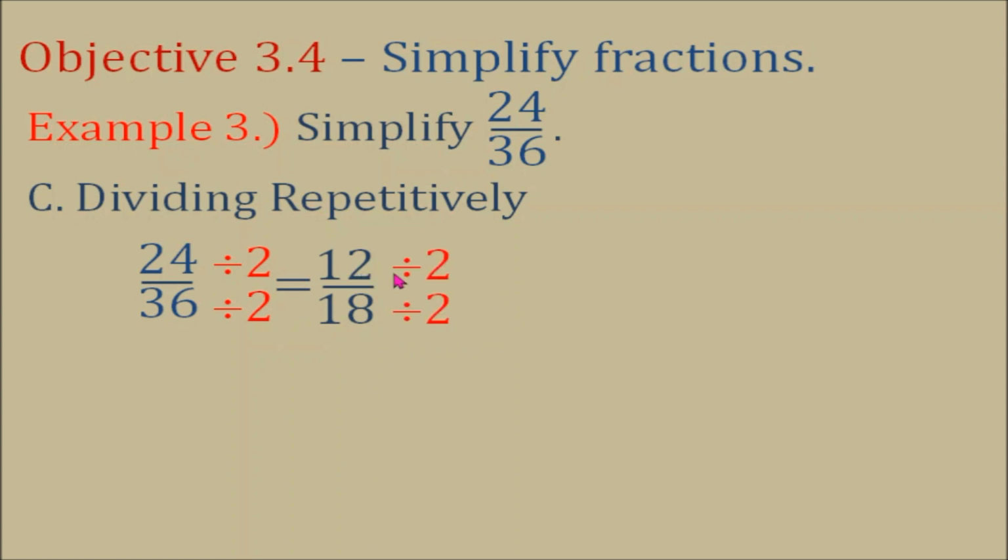Divide again by 2, so 12 divided by 2 is 6, and 18 divided by 2 is 9, and we have 6 over 9. Then we can divide both the numerator and the denominator by 3. So 6 divided by 3 is 2, and 9 divided by 3 is 3. So this is our answer, 2 over 3.